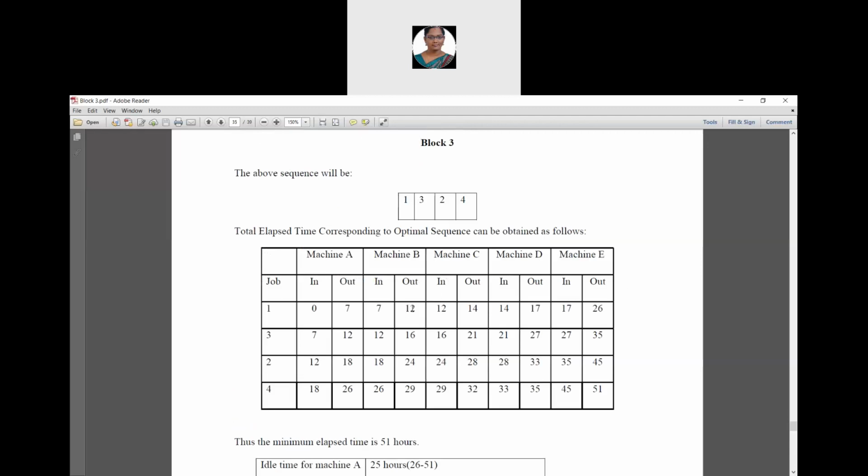Before writing it here, we have to compare the maximum of this 12 and 12. Both are equal, so we write 12 here.